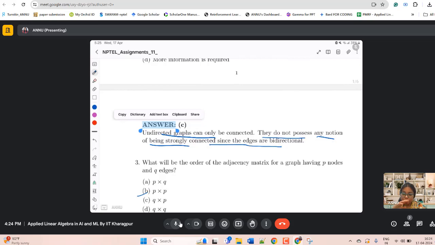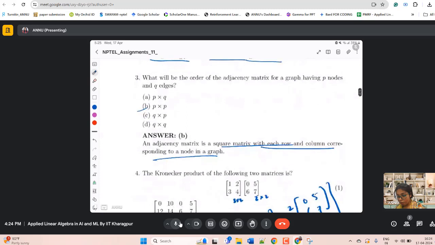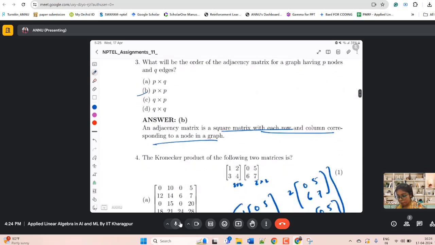If we have 6 nodes, then 1, 2, 3, 4, 5, 6 by 1, 2, 3, 4, 5, 6, with the associated weights. So the answer is P cross P. Nodes are important; edges won't matter.